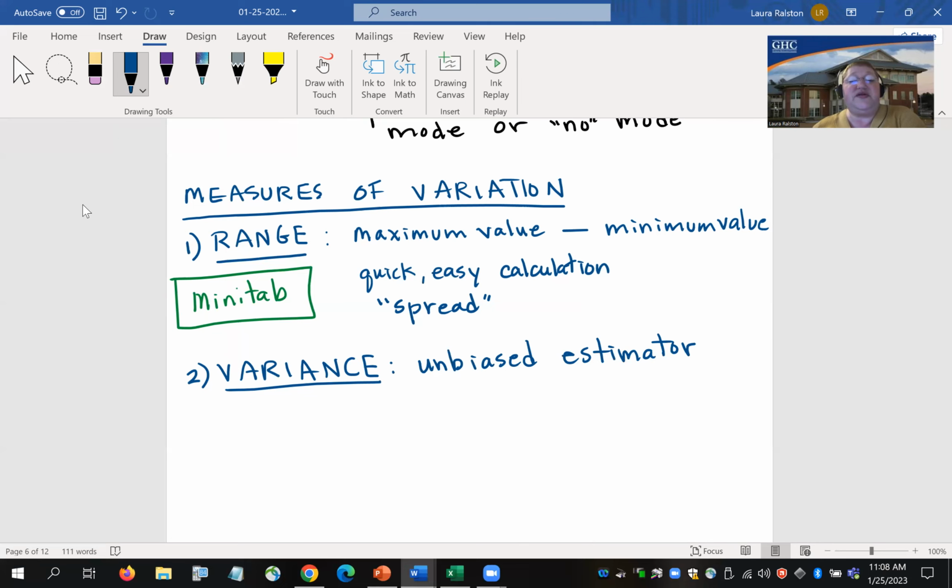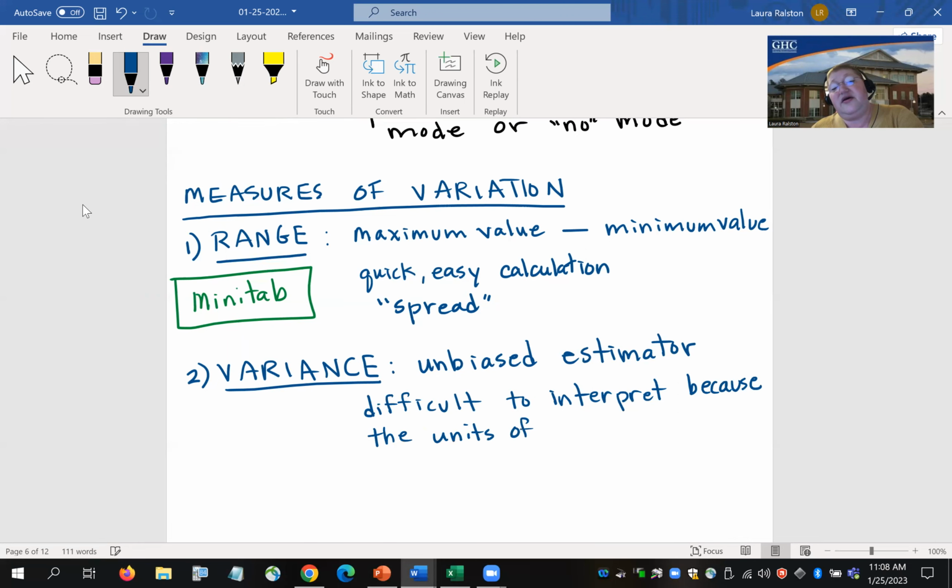The challenge with the variance is that it is difficult to interpret because the units of measure are squared.